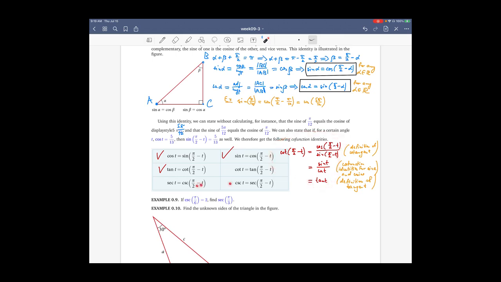And the same is true for these two. For example, why is cosecant equals secant of pi over 2 minus argument? Well, if we start with secant of pi over 2 minus t, and recall that secant is 1 over cosine, that is the definition of secant.